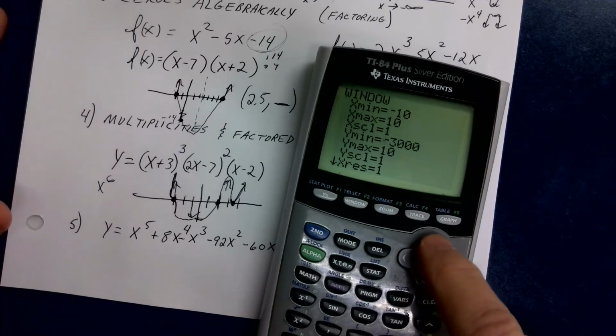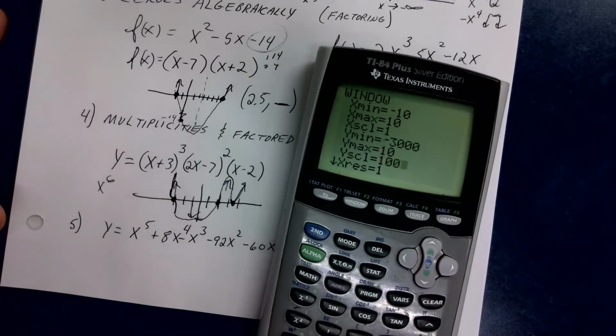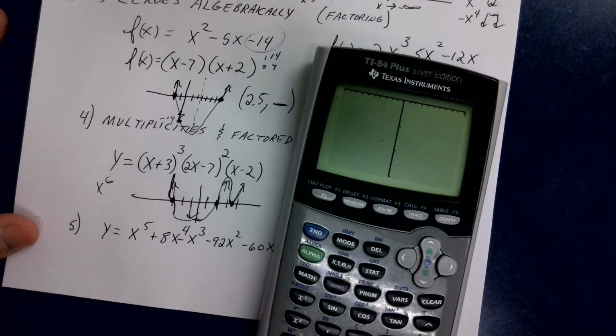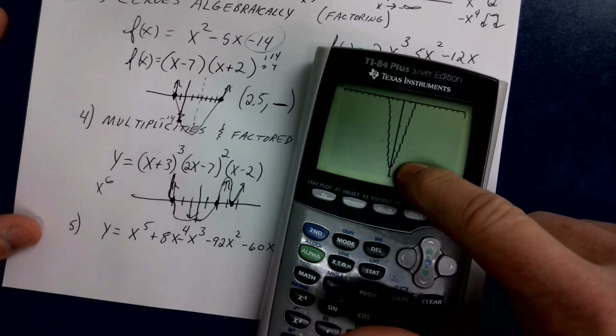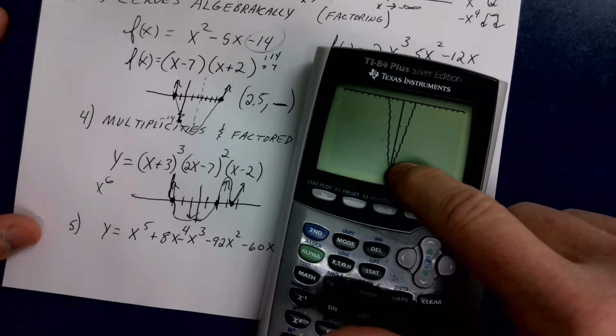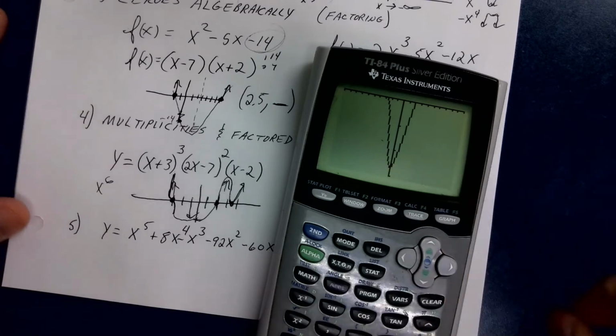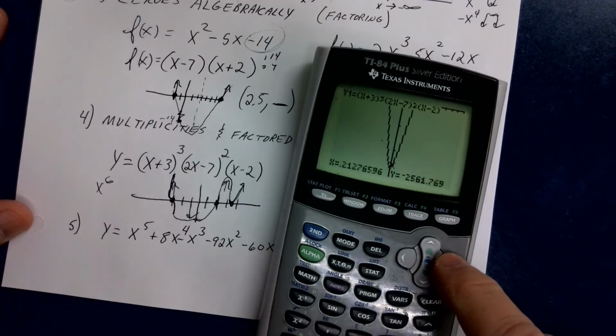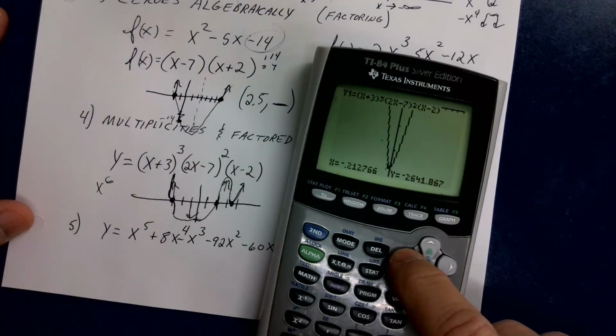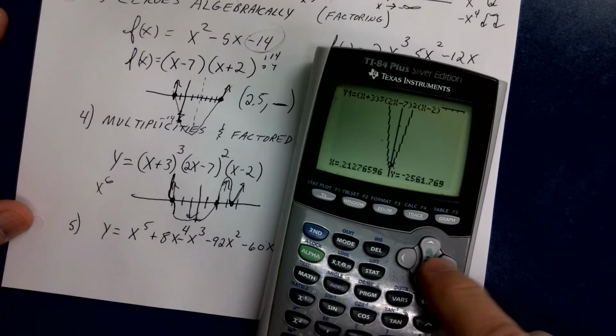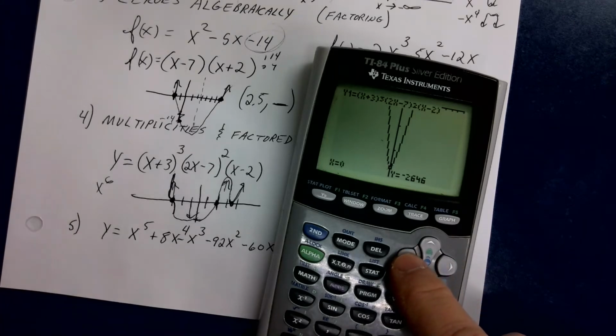Let's make my y scale be 1,000 so I don't have all those tick marks there. And you can definitely see a local min. In fact, the minimum might even be close to what the y-intercept actually is. Okay? If I do a little trace and I go down here, you can see that that's right in that thing. Y-intercept's negative 2,646.